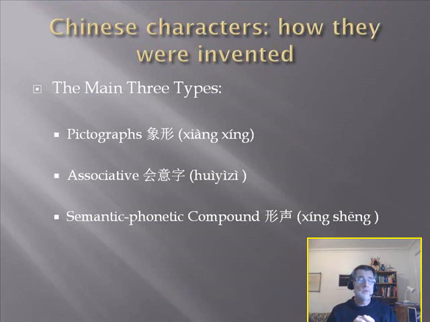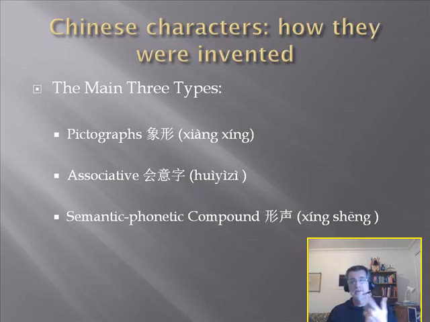So now we just talk briefly about Chinese characters and how they were invented. We really have three main types of characters. It started off with pictographs, and it tells you fairly clearly in the name that these were characters that represented things in the physical world.